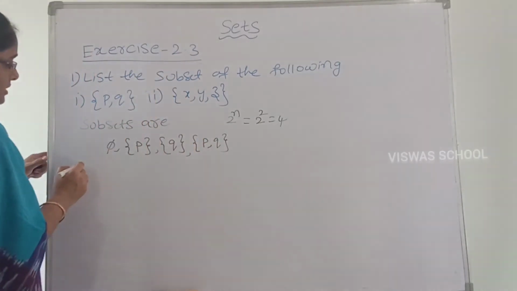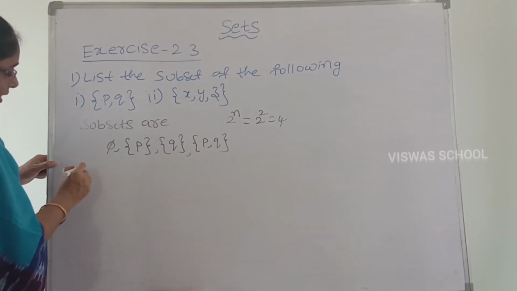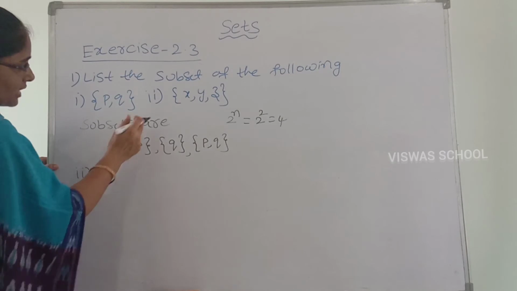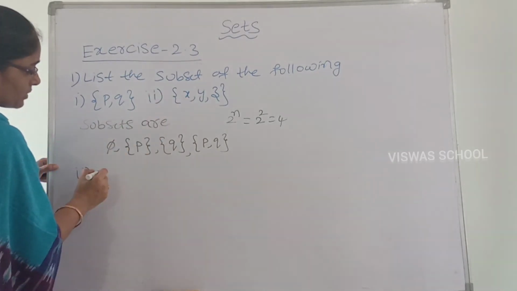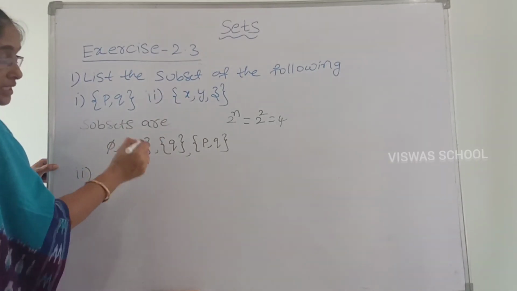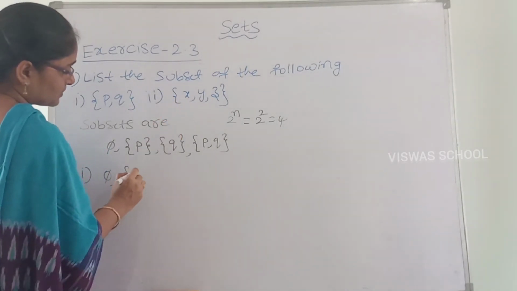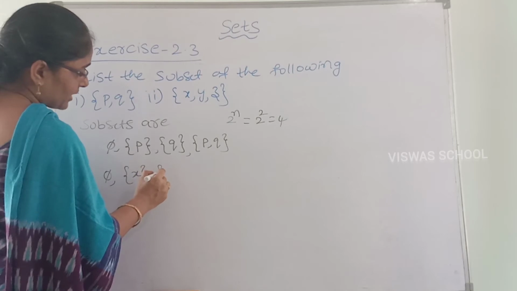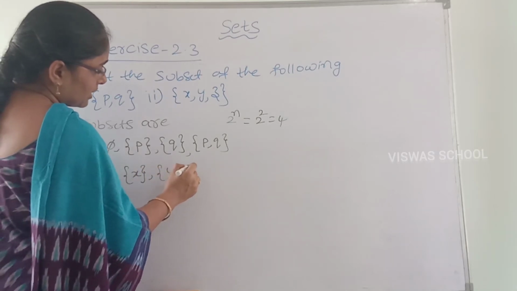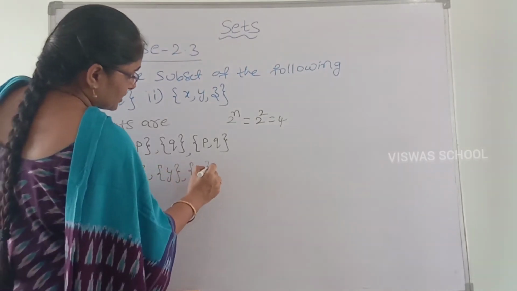In the same way, see the second one also. That is {x, y, z}. For this, what are the subsets? First one is the empty set, which is a subset of every set. Next x is a subset, y is a subset, and z is a subset.